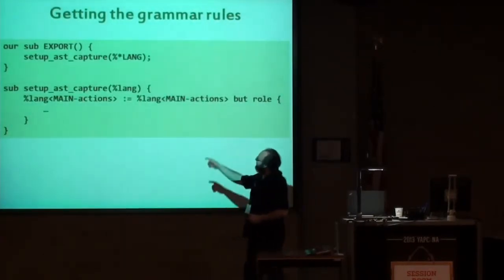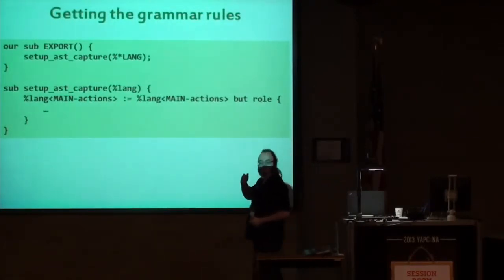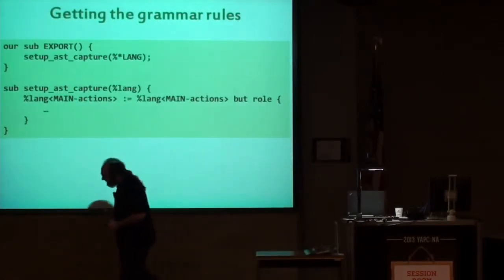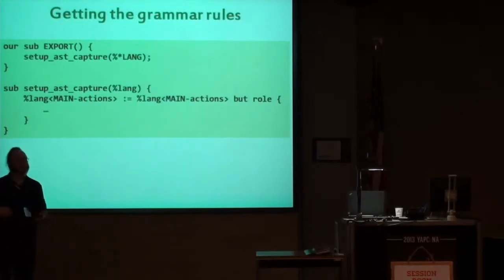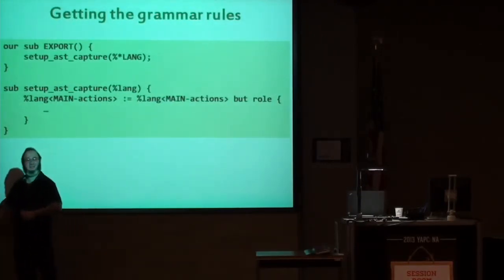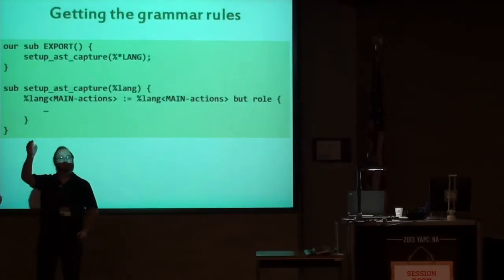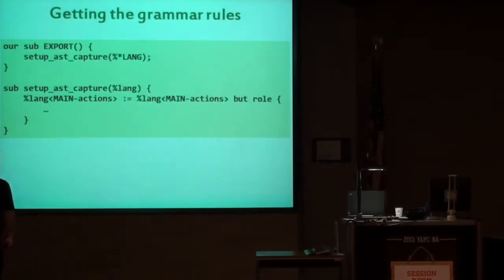And then what we do is we take the current action methods. Exactly. And we mix a role into them. And this is kind of cool because we're mixing a Perl 6 role into like the compiler. And it's lexically scoped. So if you do a use of this, any grammars that are inside will have the AST stolen and do the right thing, and anything outside won't. It's like this language was really well designed or something.